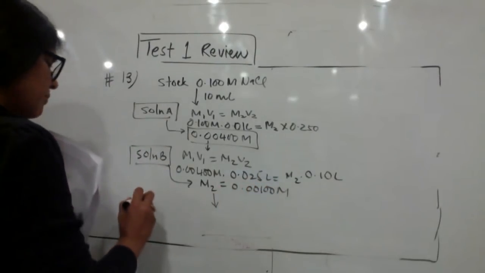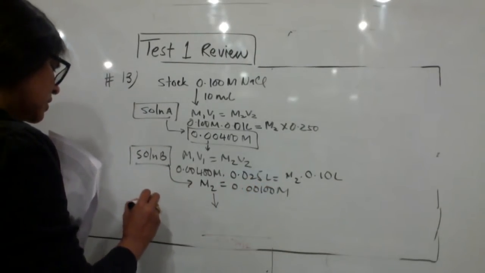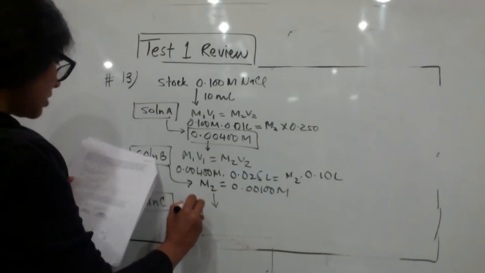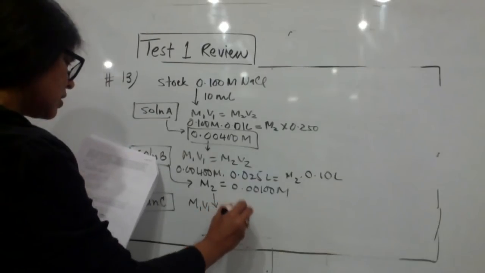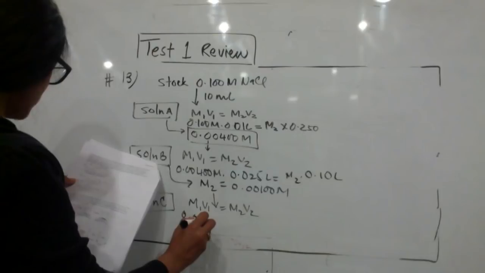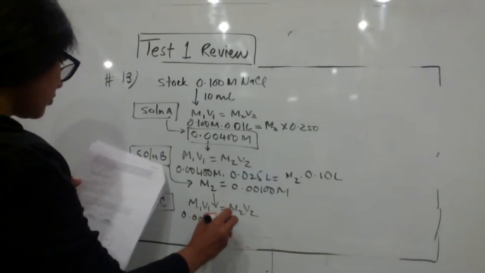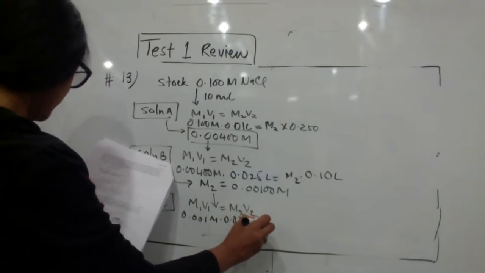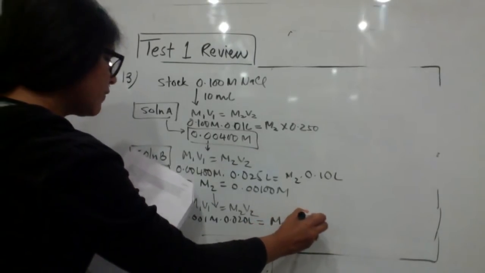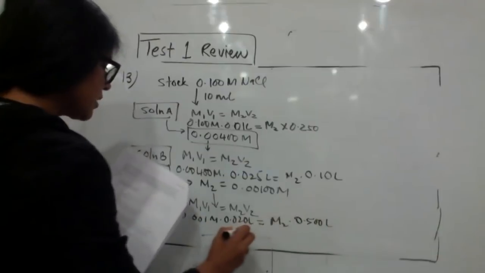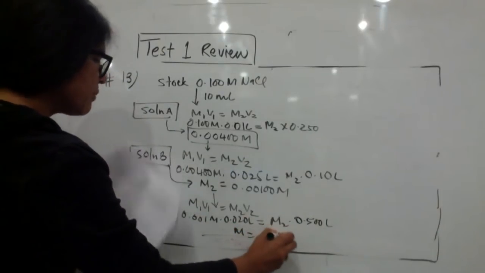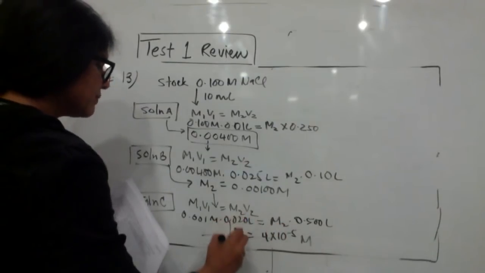But you didn't stop here. You made a solution C and you took 0.001 molar, 0.020 liters of it, and you want to know the molarity, and you made now 500 mL of it. And the molarity is 4 times 10 to the power negative 5 molar.